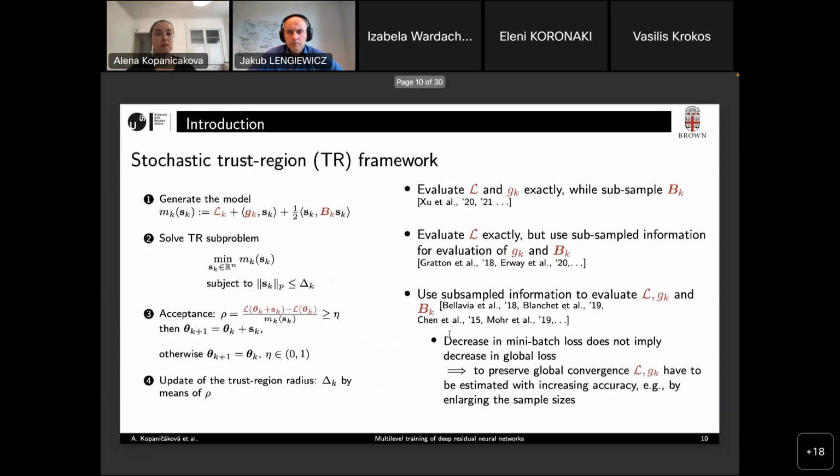So first, let us have a look into stochastic variants of the trust region method. Here, first of all, I would like to remark that building a stochastic trust region method is very much more complex than building a stochastic line search method. And this is mostly due to the fact that we are checking convergence on each iteration.